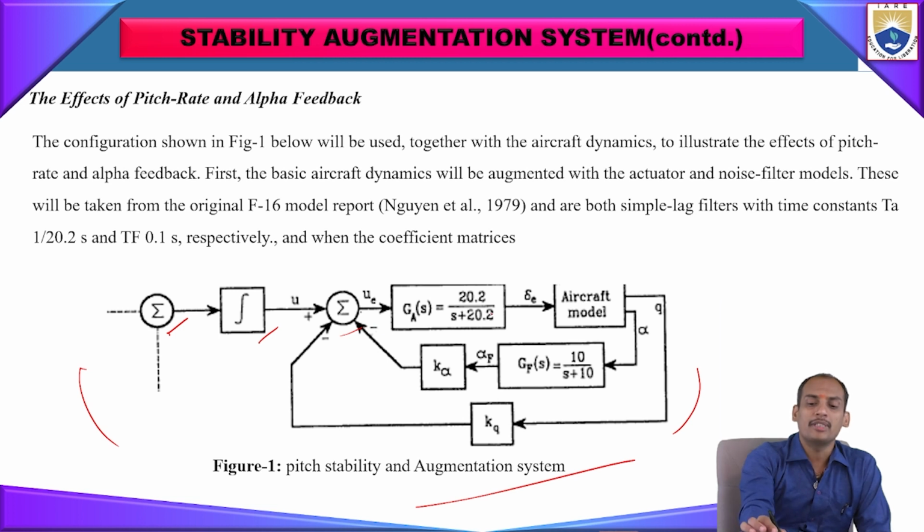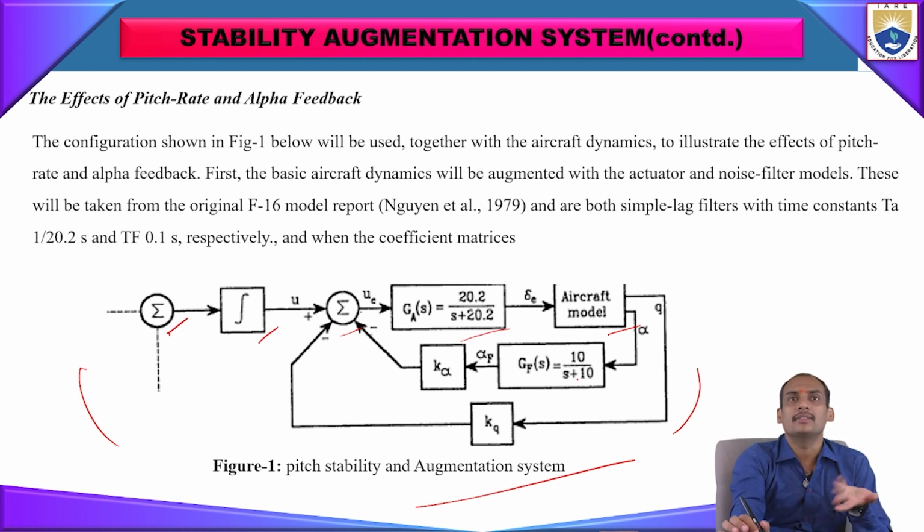From the summing amplifier, another transfer function, the pitch rate transfer function, gives its output to the aircraft dynamics model. There are two feedbacks, pitch rate and angle of attack, alpha, given to the summing amplifier. We are now going to see the significance of these two feedbacks.